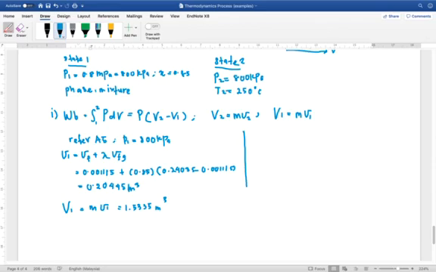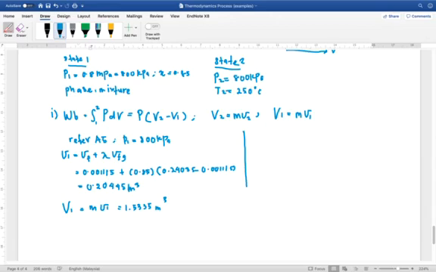In this question, we know that state 1 is a mixture, but for state 2 we don't know what the phase is. So we have to check. We have here P2 is equal to 800 kPa, and we have a temperature of 250 degrees Celsius. These two properties are intensive properties.